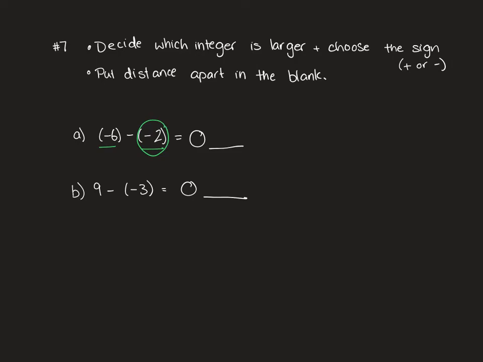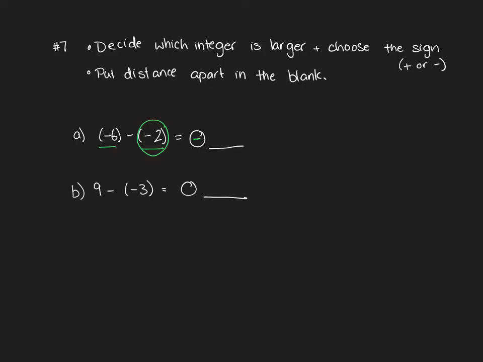So when we subtract our larger number, that means that we will end up with a negative answer, right? When we have the larger number at the end, we get a negative answer. Then, so that's our choosing the sign.